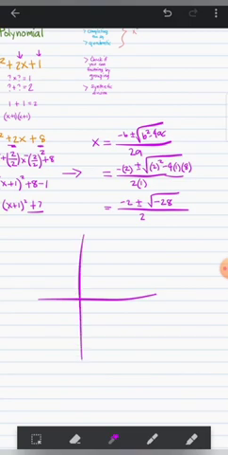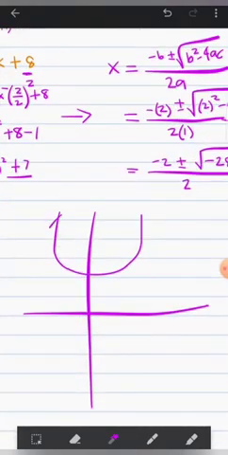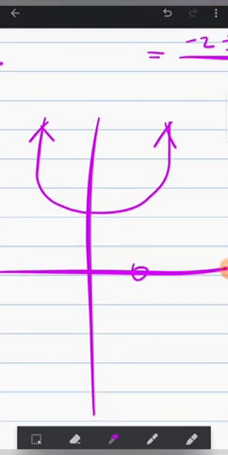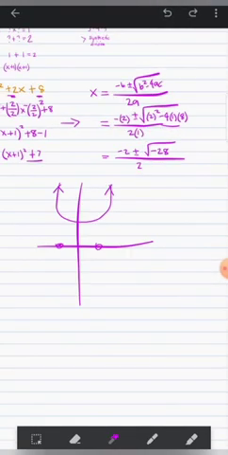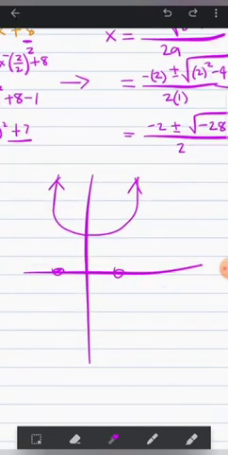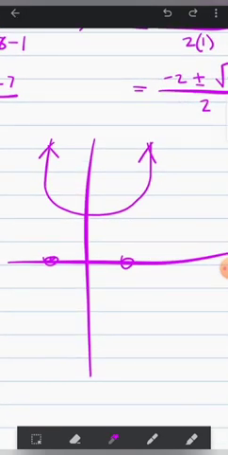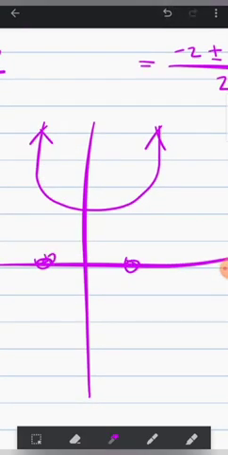If we draw its graph, for example, this is its graph. Since this graph won't touch the x-axis, it has imaginary roots. The roots refer to the x-intercepts, or the points where the graph touches the x-axis.